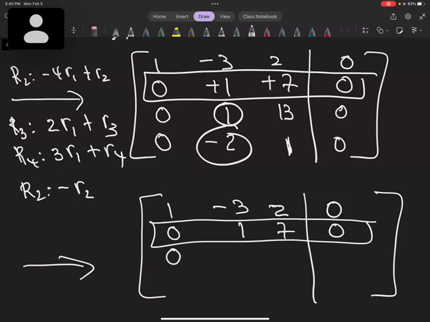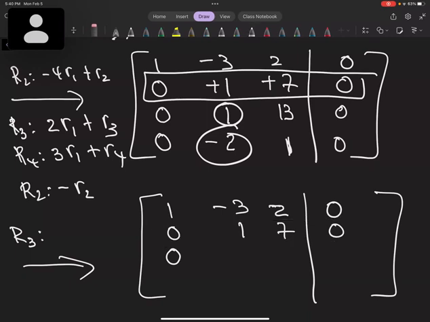And then the second one. So what should I do for my third row? My new row 3. You're gonna turn 1 into 0. Yeah, so how do I do that?